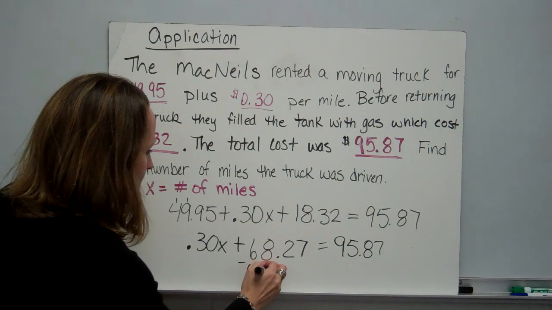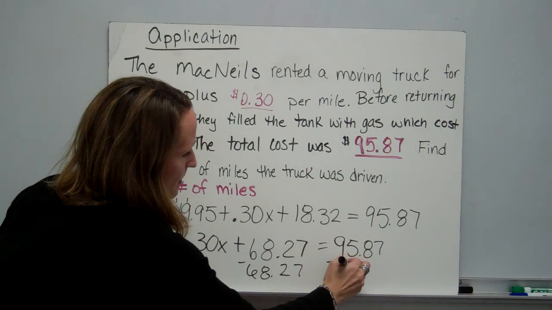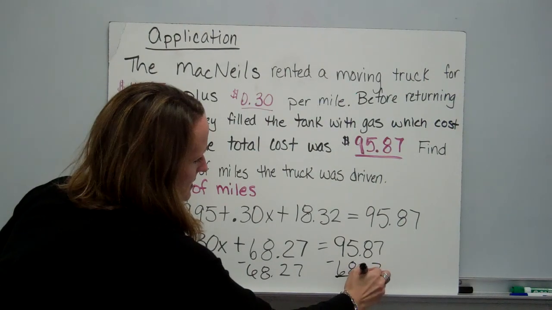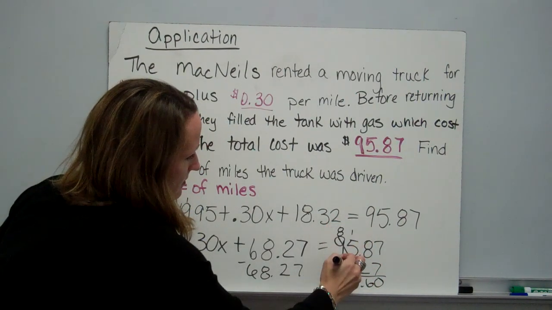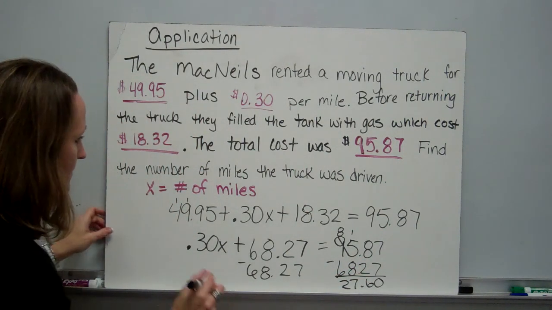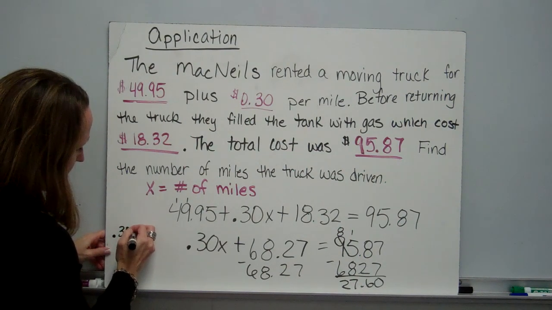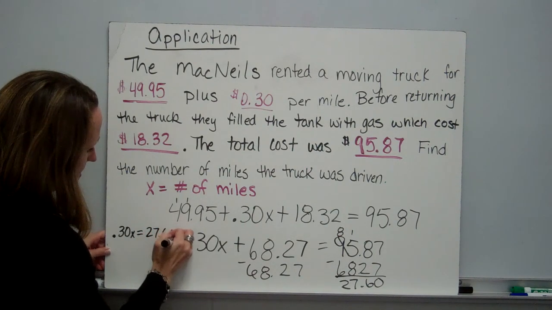Now we're going to subtract 68.27 from both sides, and we get 27.60 on that side. I'm going to come over here because I'm out of space. So we're getting 0.30x and 27.60.